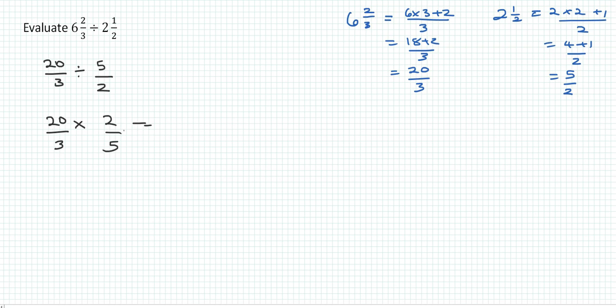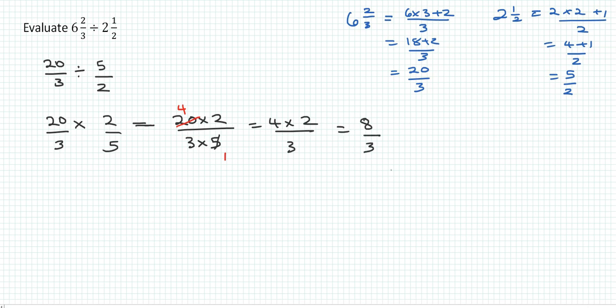So we can multiply across. 20 multiplied by 2 divided by 3 multiplied by 5. Now we can try to simplify. So we have 5 divided by 5, we have 1, and then 20 divided by 5, we have 4. So this is going to give us 4 times 2/3, which is going to give us 8/3.